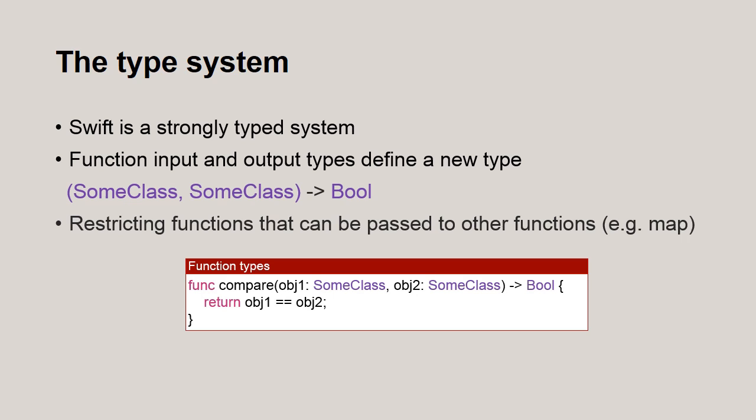It wouldn't make sense to pass the function I described before into map, so Swift won't let you do it. It treats the types for the input and output of your functions as a type definition. This way, you can define the type of function your higher order function accepts, just as you define the type of input any function will accept.